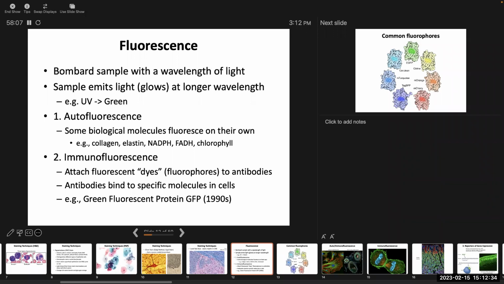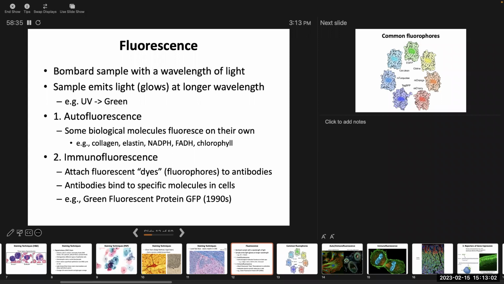And then you shine, like, ultraviolet light on the sample, and it's going to glow green. And then you can detect exactly where the actin is located within these cells. So as I said, you're just attaching a fluorophore to an antibody. The antibody is then attached to specific molecules in the cell. You then image that, and you can tell exactly where these different molecules are located in the cells.